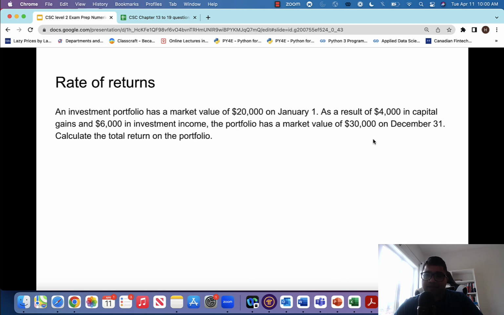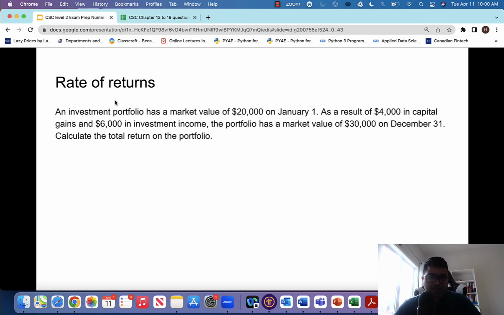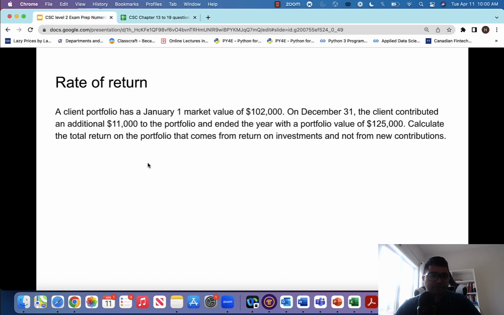So simply it is the value of the fund right now, 30,000, divided by value when you invested, 20,000, minus 1. So portfolio returns is simply future value divided by beginning value or invested value minus 1. So it will be $30,000 divided by $20,000 minus 1. So it comes to 50%. Okay, so the answer is 50%.